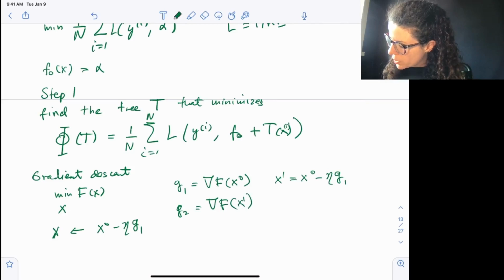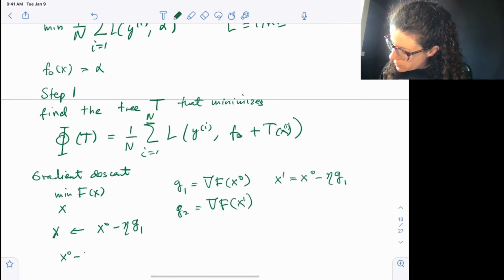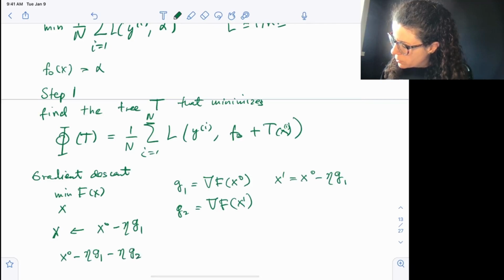Then we update the solution to x0 minus learning rate g1 minus learning rate g2, etc.